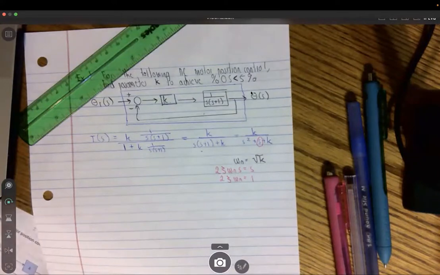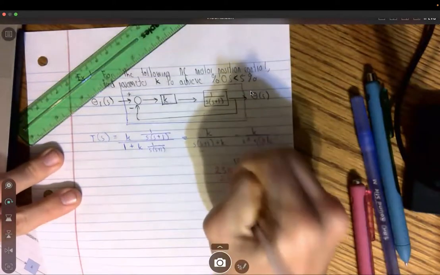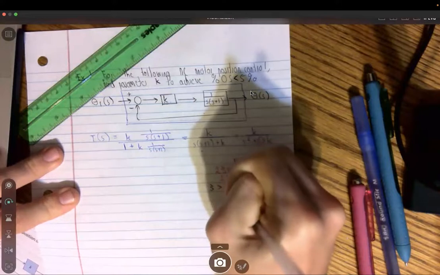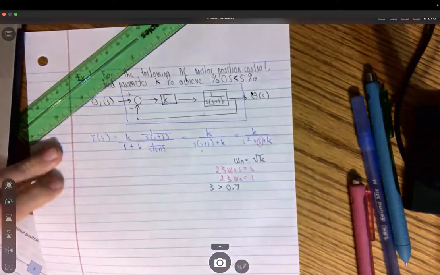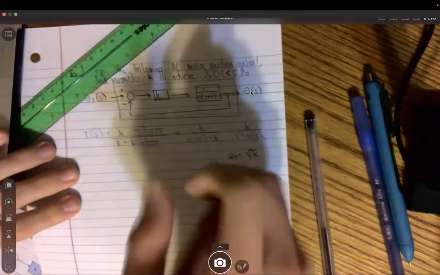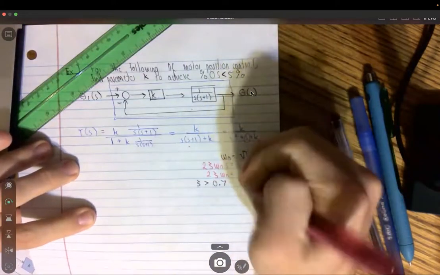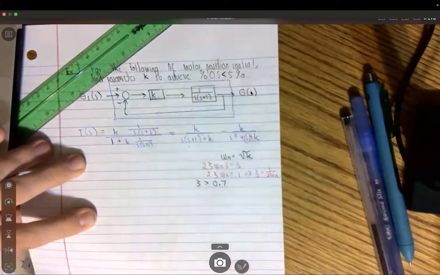And so here, our zeta value we know must be greater than 0.7. And what is zeta defined as when we had it here? When we simplified this one, you have zeta defined as 1 divided by 2 omega n.